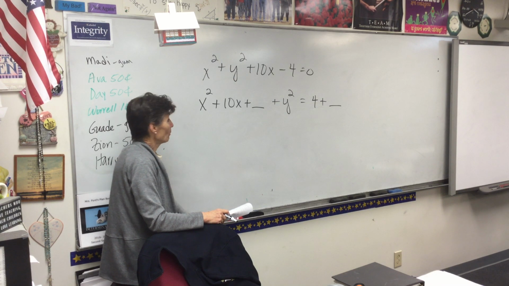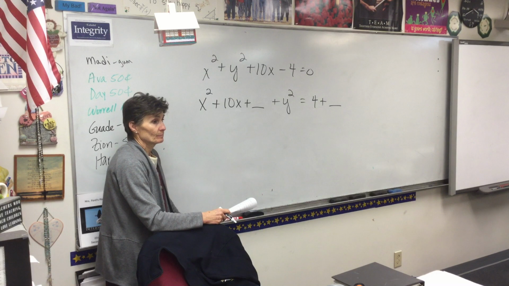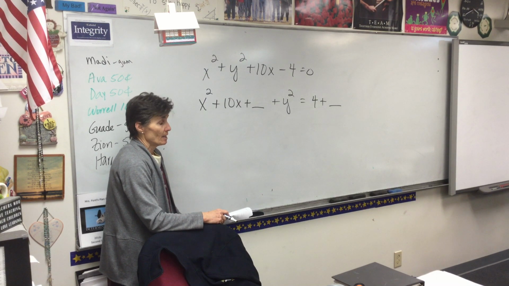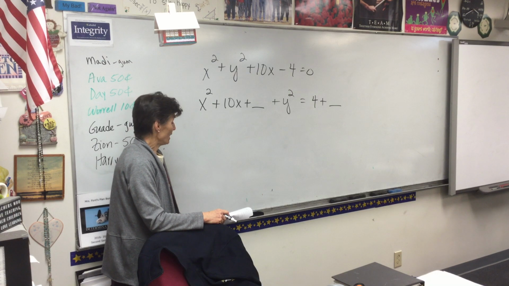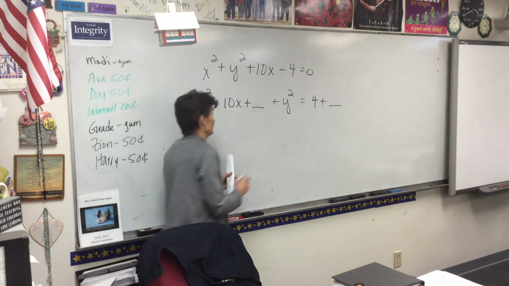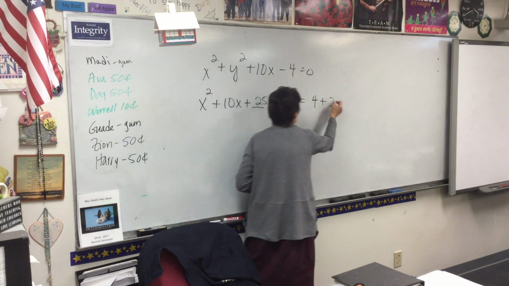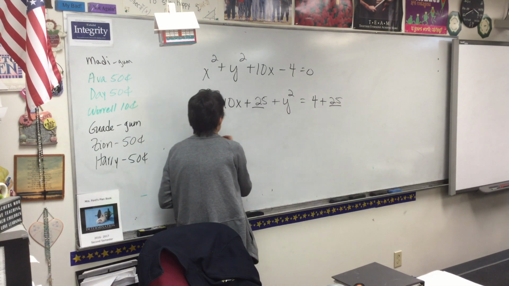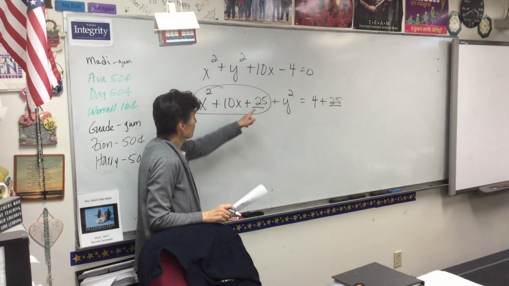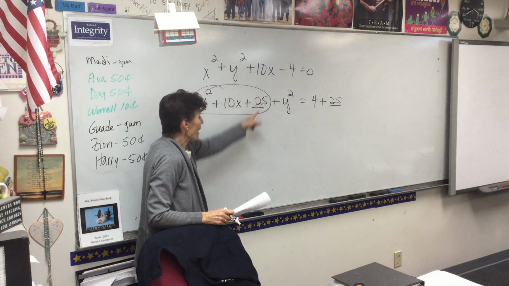All right, now, what's going to go in this blank? I hear a 25 up here in the front row, is that right? How do we know it's 25? Half of 10 squared. Once you fill in that blank, that makes a group.